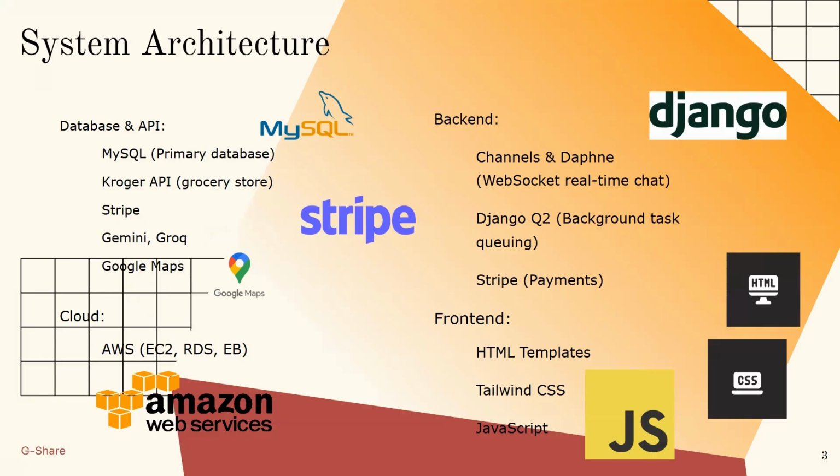We use the Google Maps API to have live tracking for the users and the drivers, so they can know where they are and show the path to the stores and the ways to deliver, and we use Kroger's API to get grocery items from the store. We also have WebSockets to have a real-time chat in our communities in a group.